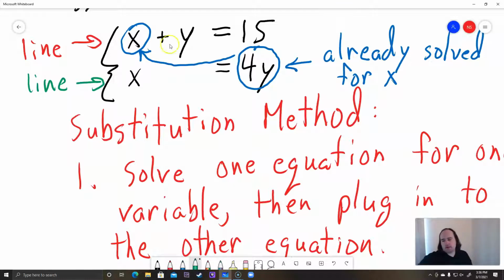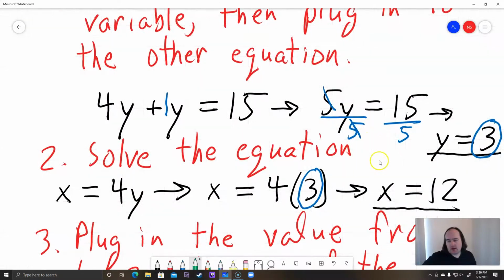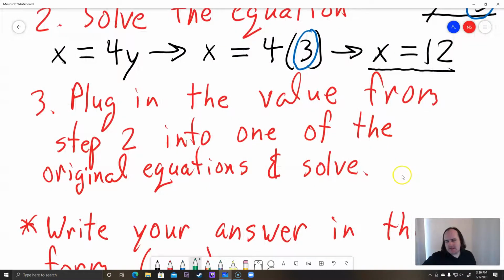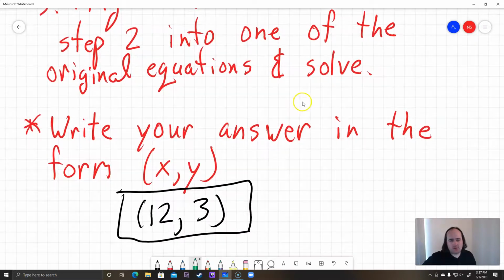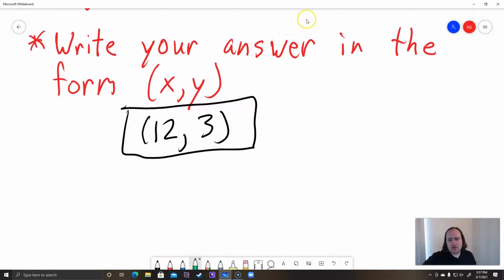So where those two lines intersect is a point, and that point is called the solution, because that's a point x comma y. That's the solution. Even though we're not going to be doing the graphing because it's tedious and difficult to do on a computer, you can use graphing calculators to solve these, but it takes the fun out of it.